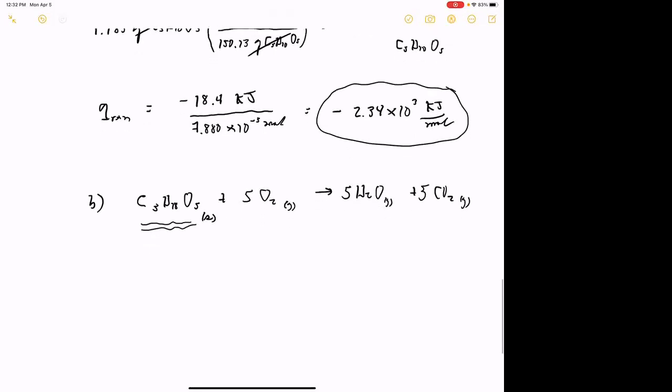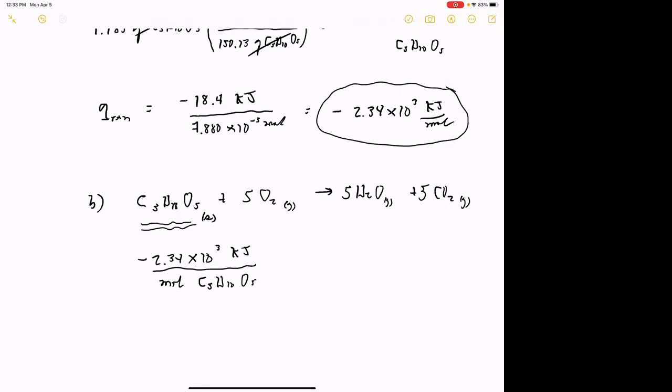So I would express this exactly as I calculated it, as minus 2.34 times 10 to the third kilojoules per mole of the hydrocarbon that I burned. So I'll write that as moles of C5H10O5. Okay, so that's how I would express it. It's always expressed in terms of the moles of the hydrocarbon that I burn.